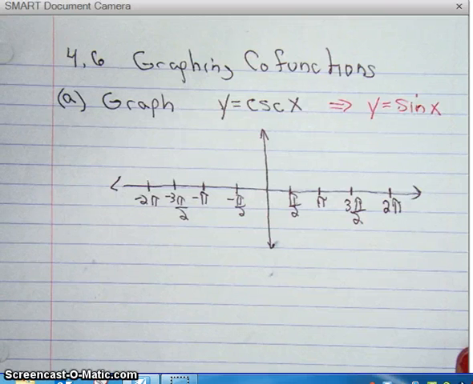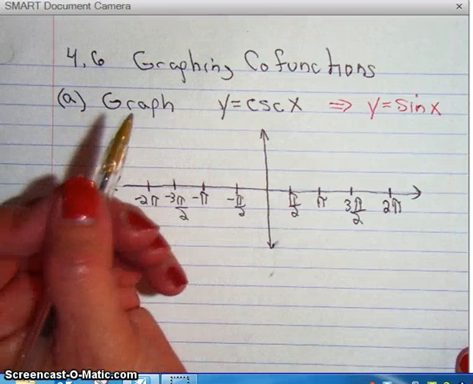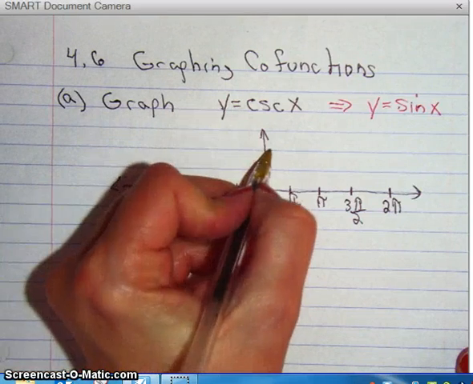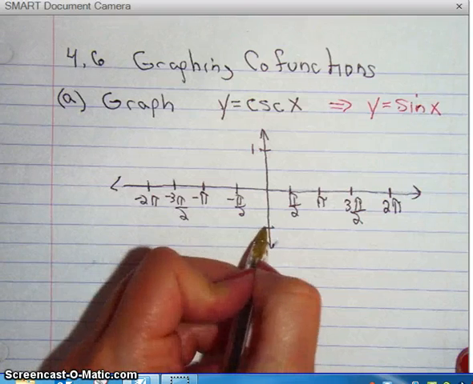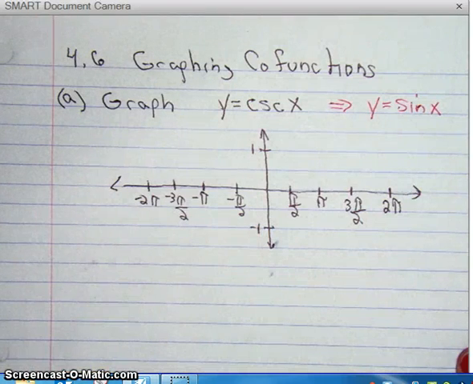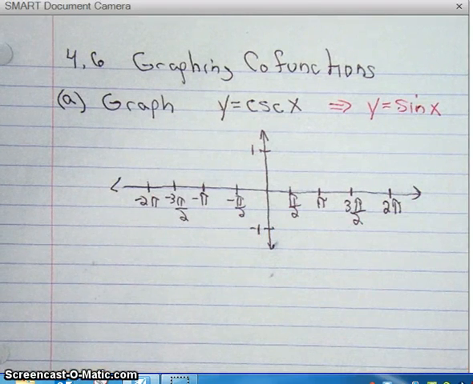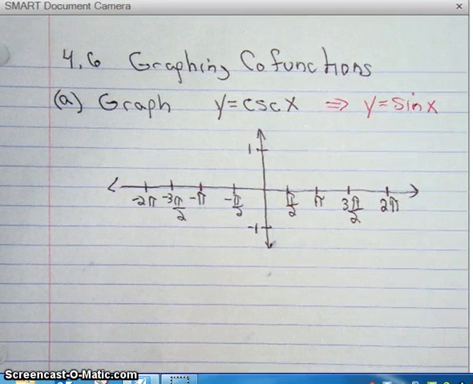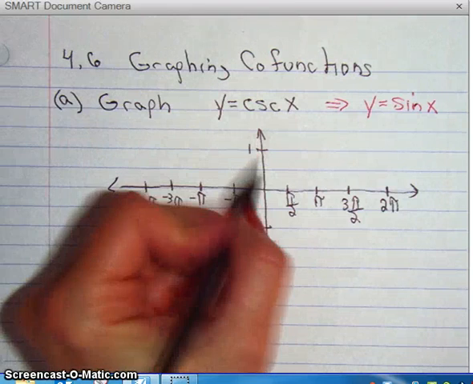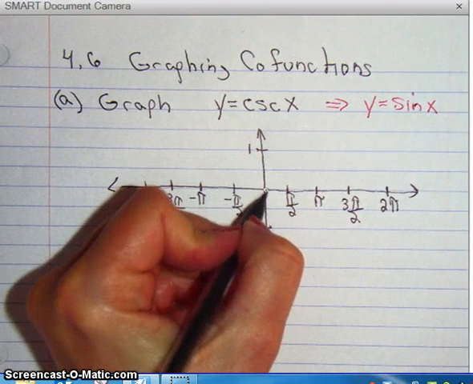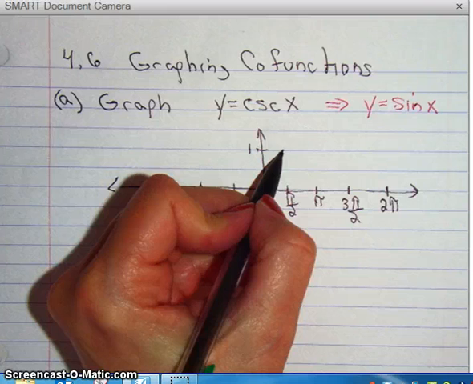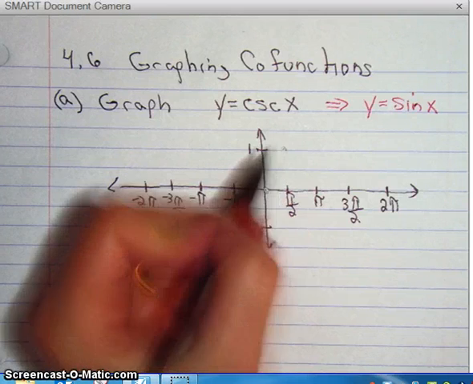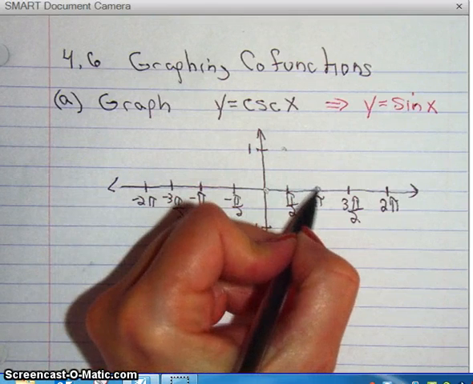All right, amplitude, lovely Rachel, is what? 1. All right, everybody good so far? Leah? Sine starts up or down? Down. All right. So x-intercept, next halfway point, you're up the amplitude. Next halfway point, x-intercept.